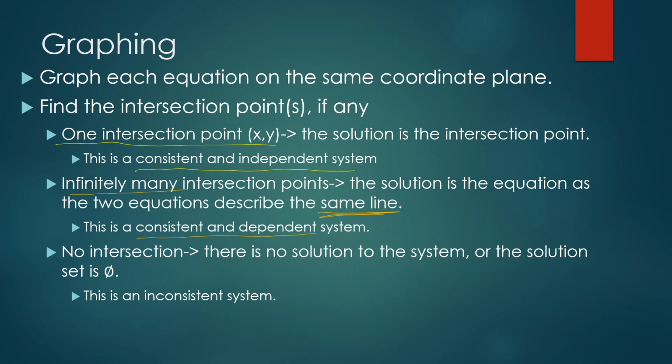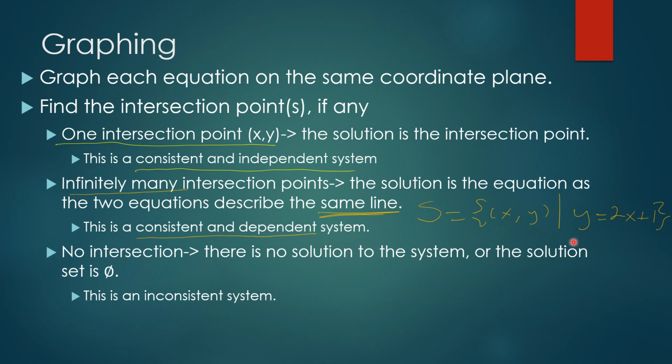The solution to this would be a solution set such as: the solution equals the ordered pairs (x, y) such that, and then we'd write the equation of the system. So for example, if y equals 2x + 1, then what this tells me is that any ordered pair that makes this equation true would be the solution to the system.